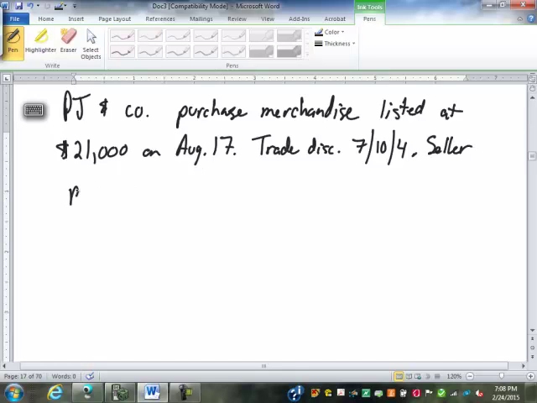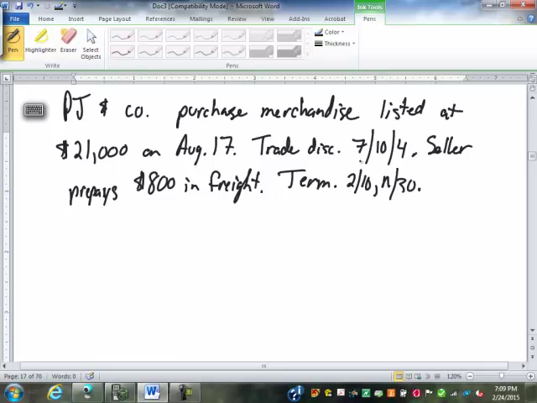Seller prepays $800 in freight. Terms 2/10 net 30.